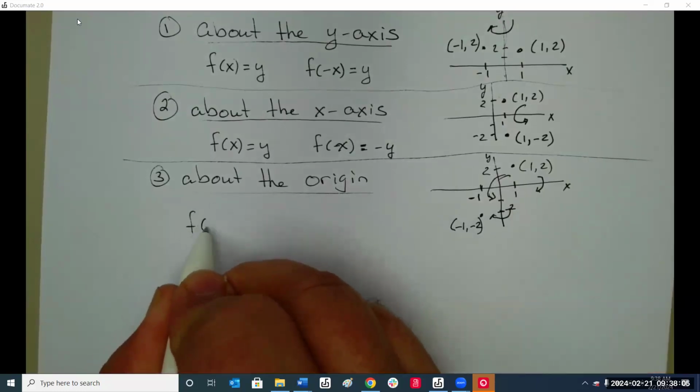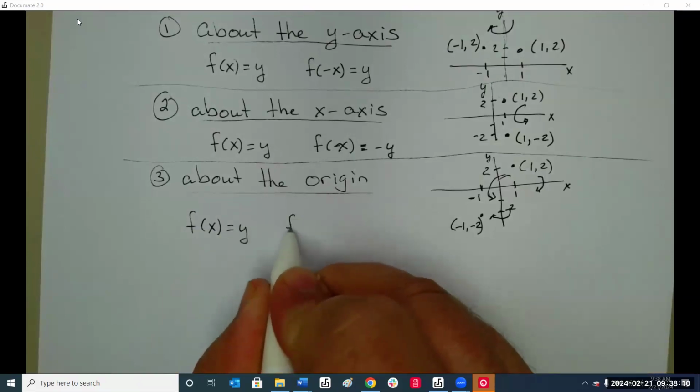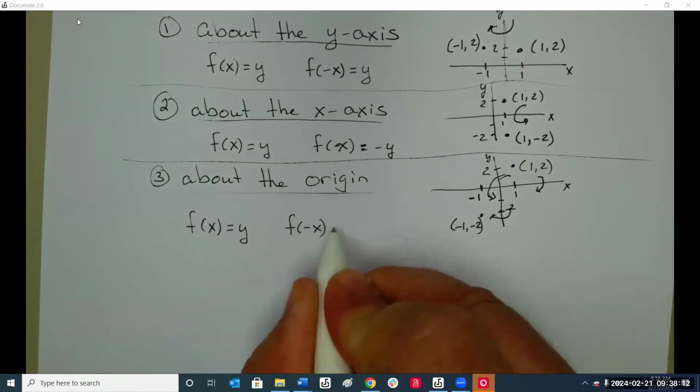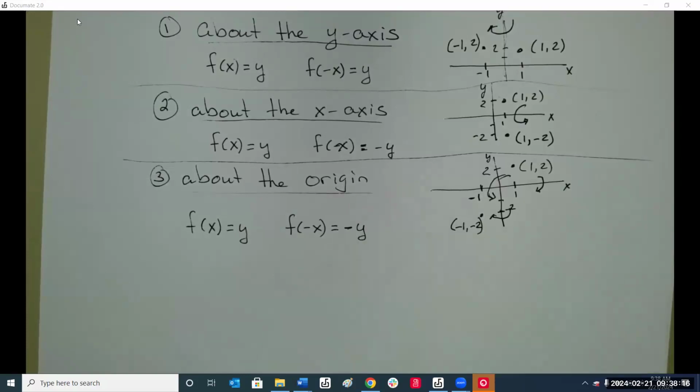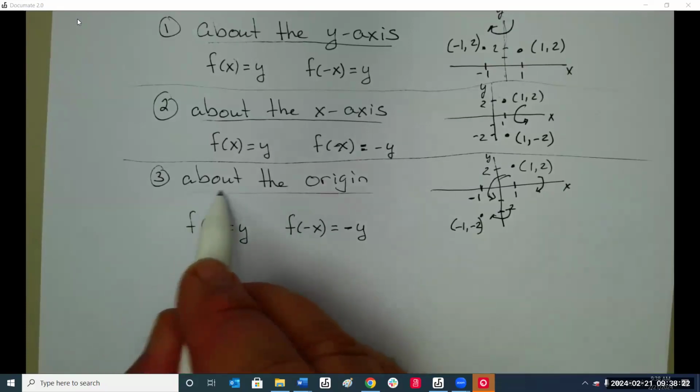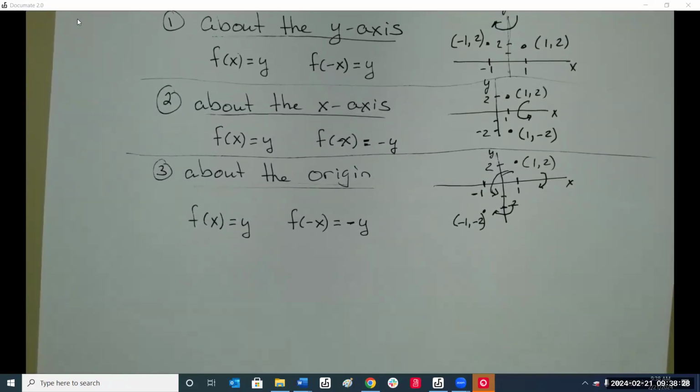If I had a point at f of x equals y, then if I put the negative x in there, I get the same value, but with a different sign. That's how you can tell if it's symmetric about the origin. So far, so good?